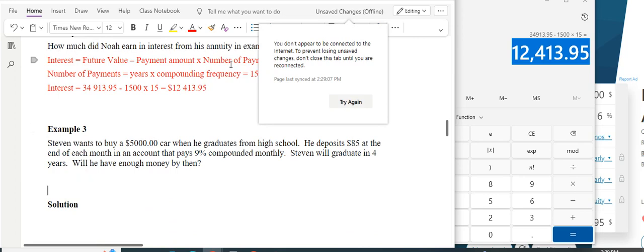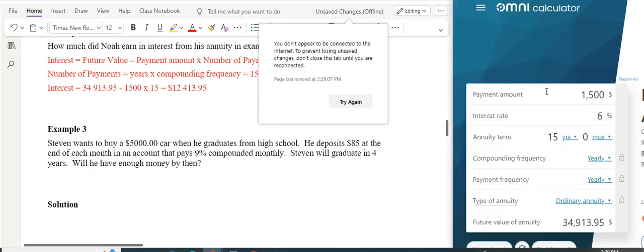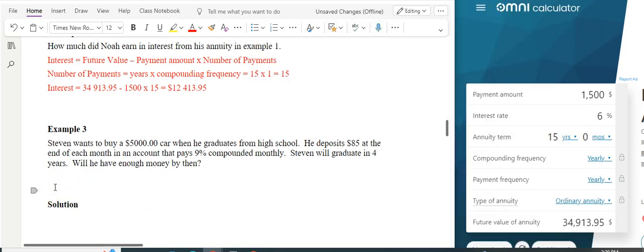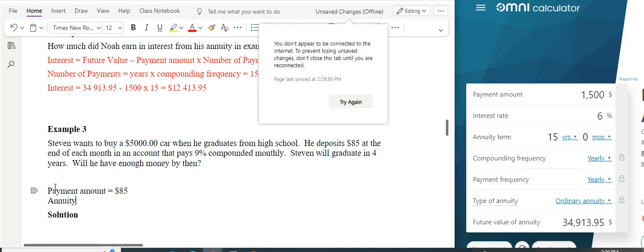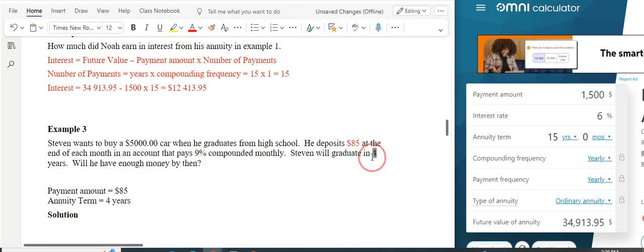And so here, we're going to be using our calculator from before. So the payment amount is going to be equal to this $85. The annuity term is going to be equal to 4 years because he said that this was going to be for 4 years this time. Okay.